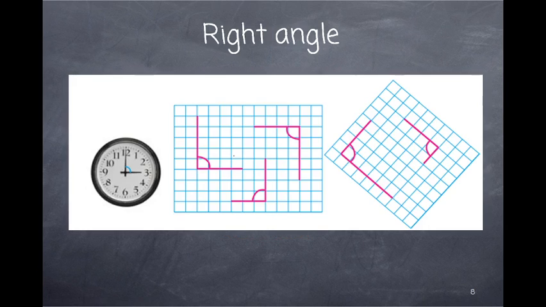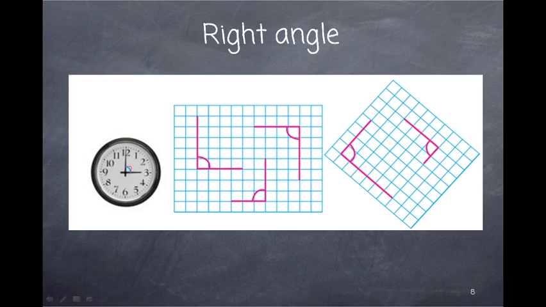So look at this. Here all are right angles. Look at the clock. The time is 3. The short line lies horizontally. The big line lies vertically, and we can perfectly fit a square here.